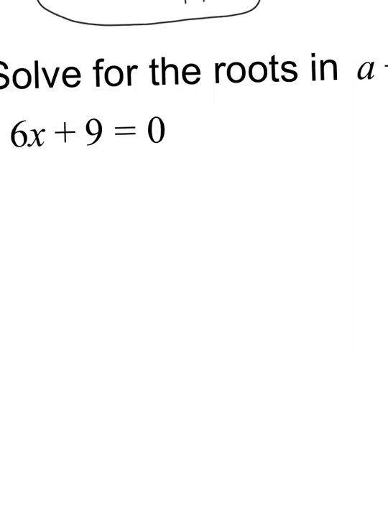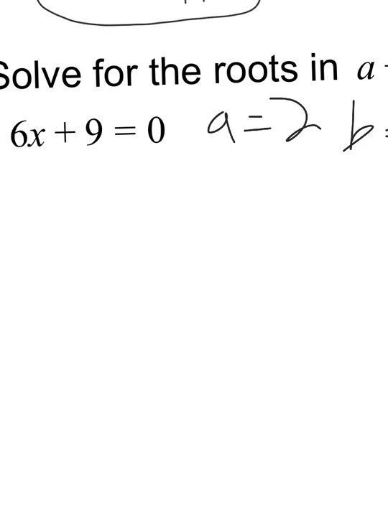Number 10, solve for the roots in a plus bi form. That just tells me that I'm going to have an imaginary answer. So I'm going to go back to using the quadratic formula here. I'm going to plug in 2 for a, 6 for b, and 9 for c.